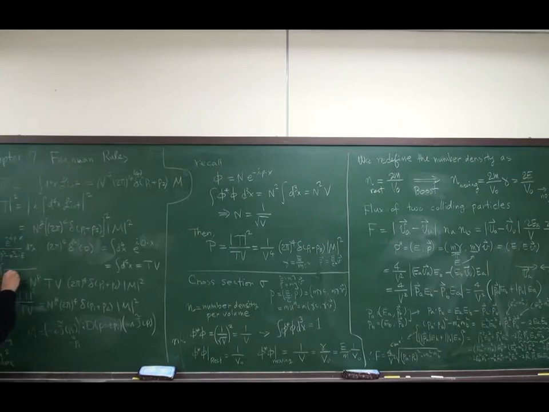2E of p, 2 pi to the third power, theta function x0 e to the minus i p dot x plus theta function minus x0 e to the i p dot x, right? We had this kind of extra factor. It is a little bit uncomfortable if we keep having this.